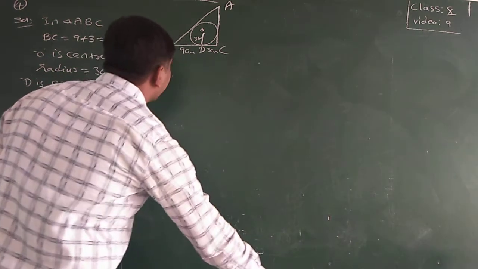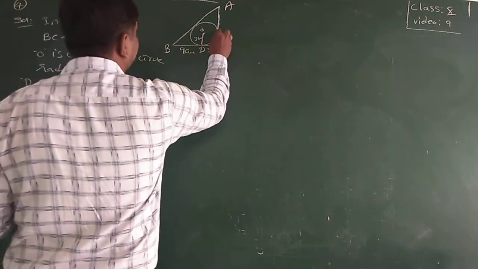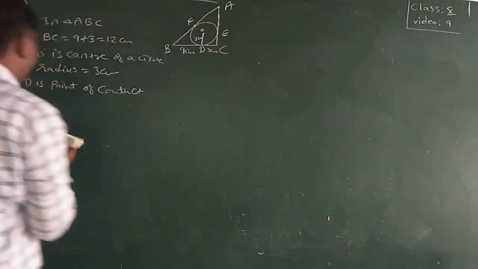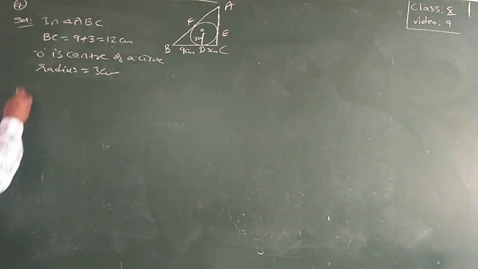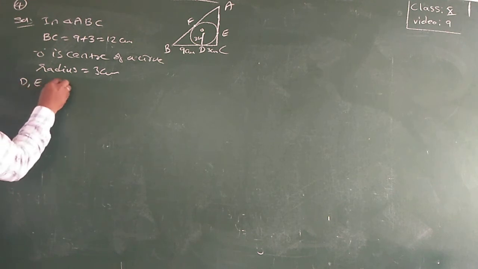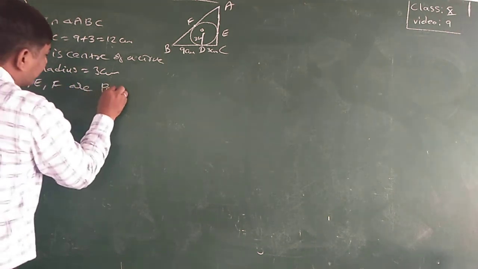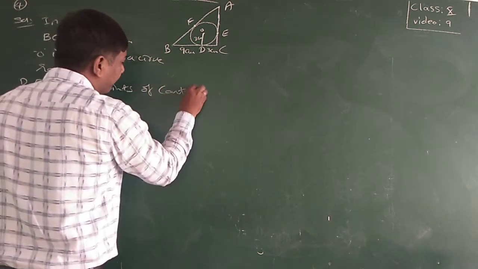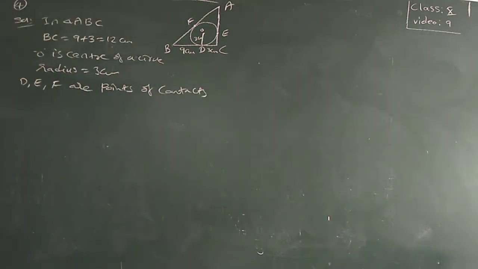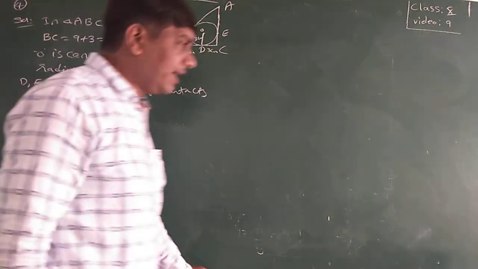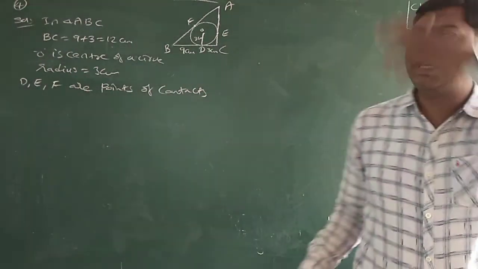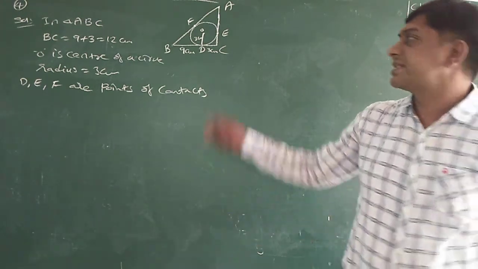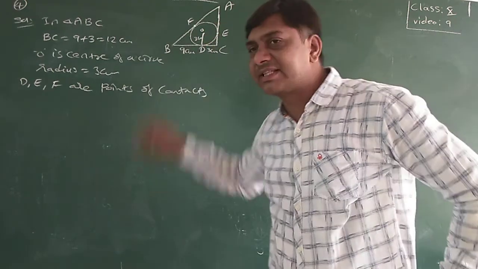As well as here, one more point of contact. We can take it as E, and here it is F. Three points of contact are there: D, E, F. See here, ABC is a triangle which is circumscribing a circle, meaning the triangle is outside and the circle is inside.